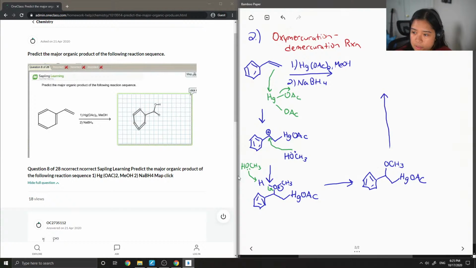Okay, and we're almost done. The role of the sodium borohydride is that it reduces the carbon and mercury bond. And then our final product looks like this.